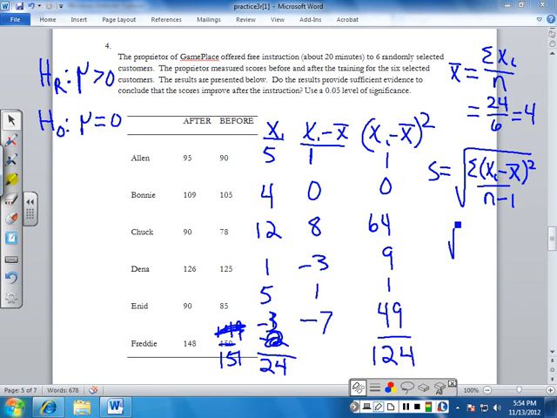So the square root of 124 divided by 5. It's about 4.98.